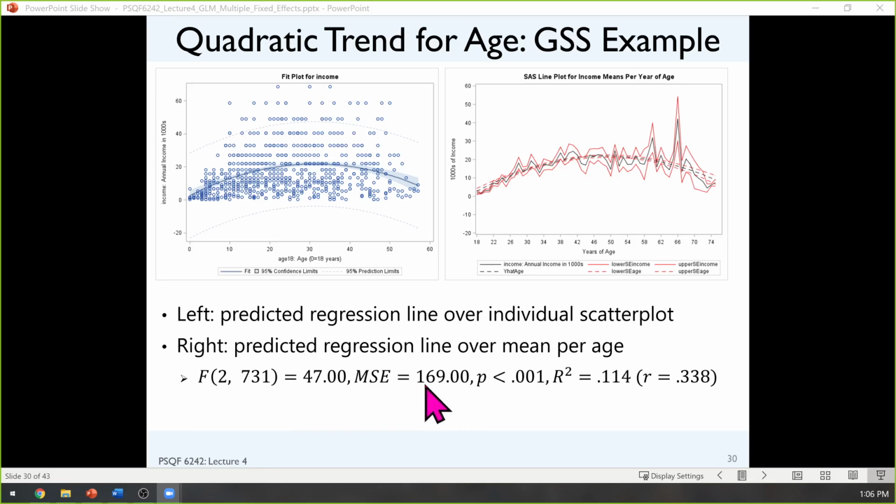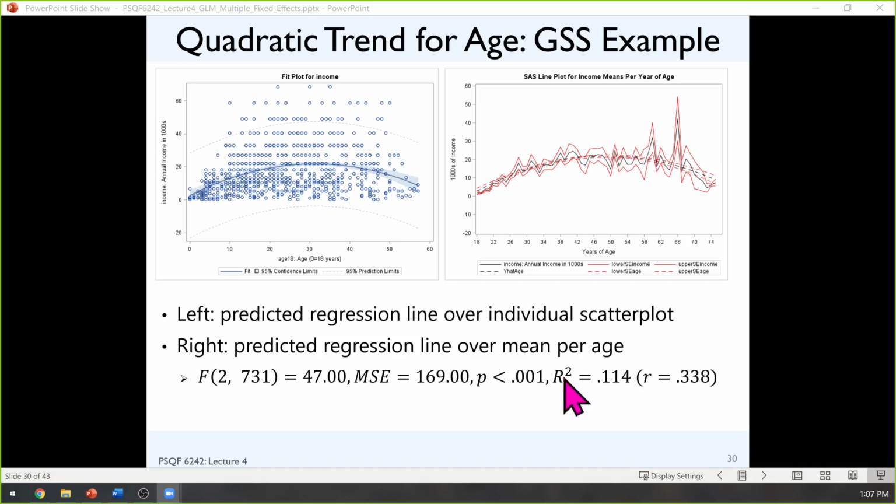The residual variance for the amount of unexplained variance in income is 169. The p-value that corresponds to that F tells me that I would expect to see two slopes this strong or stronger if the population slopes were 0, less than 0.01% of the time. And last but not least, an R-square of 0.11 means that I have explained with these two slopes for age 11% of the total outcome variation.